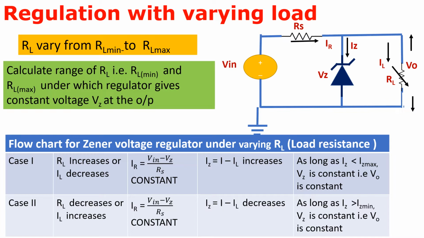Now this current is decreasing, but it should not fall below Iz min, because, as I said, we should always maintain the Zener breakdown region. So a minimum current, Iz min, should flow through the diode. This is the condition that should be fulfilled to maintain the output voltage constant.